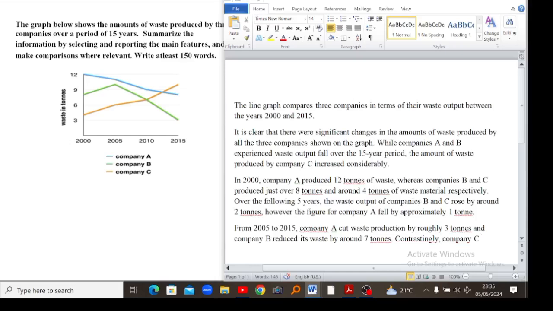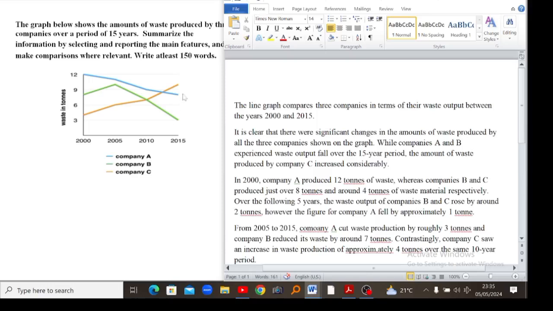So we could say company C saw an increase in waste production of approximately 4 tons over the same 10-year period.